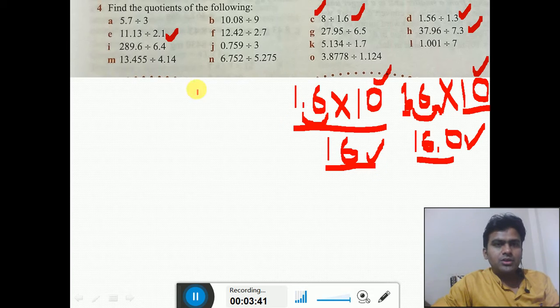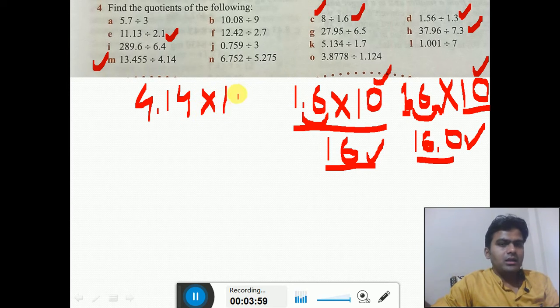In some questions we have to multiply by 100 or by 1000. So in this question number M, to convert this 4.14 into a whole number, we have to multiply by which number? By 100.